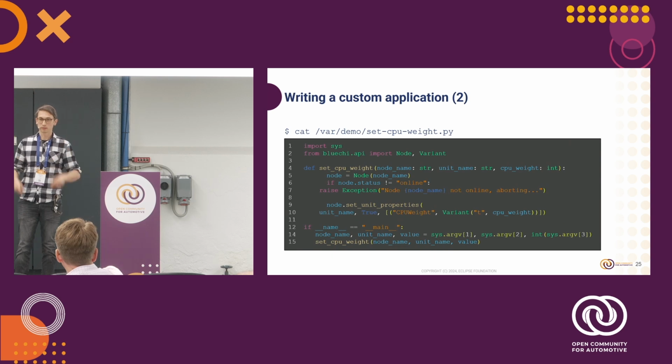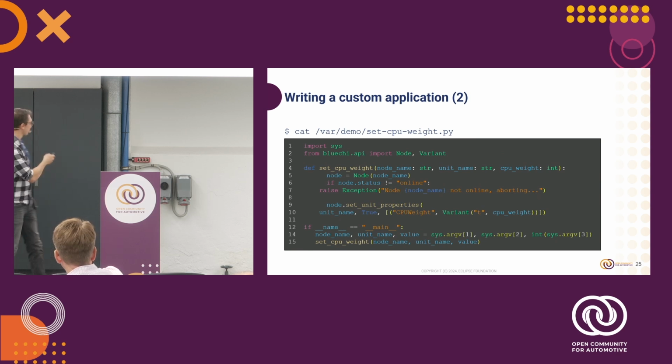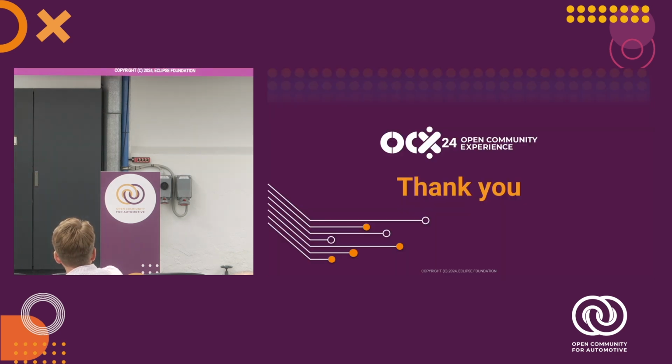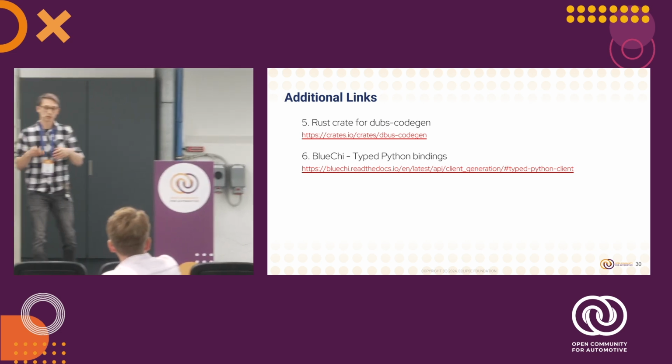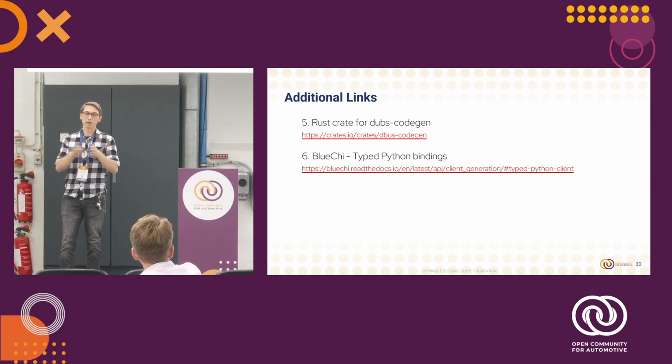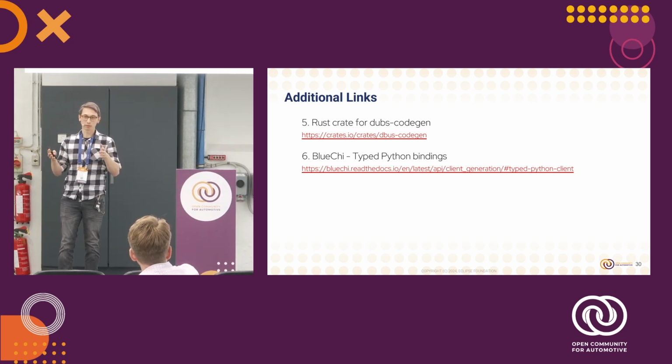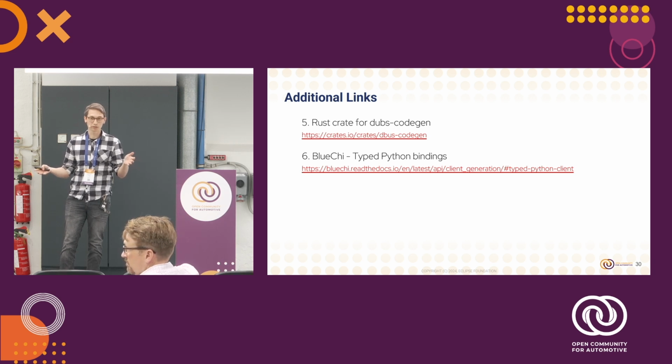Do you have something similar for other languages as well? No, for example, for Rust or so. Wait a second. Do I have this by any chance there? Yeah, for example, for Rust, you would use a dbus code generator. So you can imagine the API might evolve over time, and at the moment, we might introduce breaking changes.